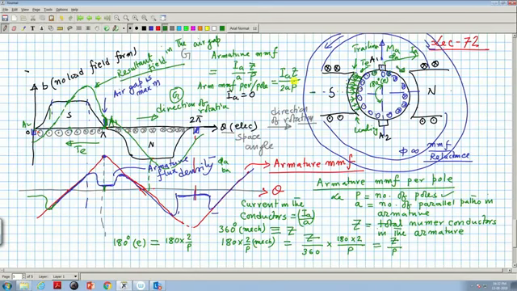This calculation is okay, Z by P. Therefore, I A Z by 2 A P, armature MMF per pole, ampere turns. Okay. We will continue with this in the next class.